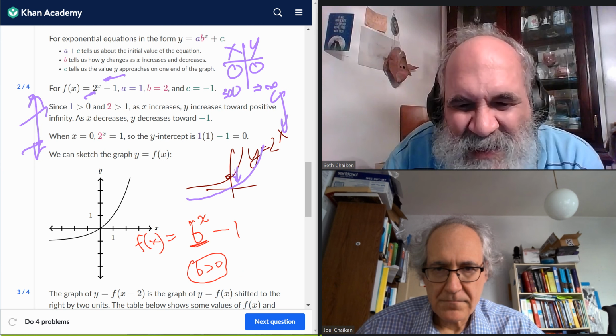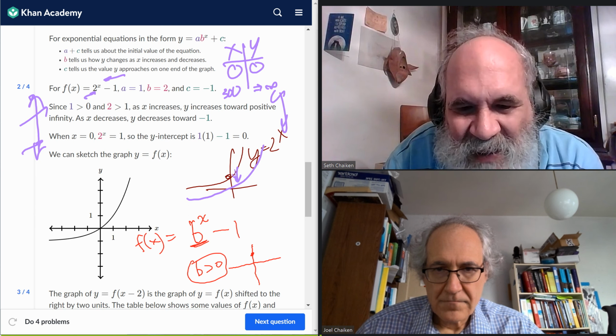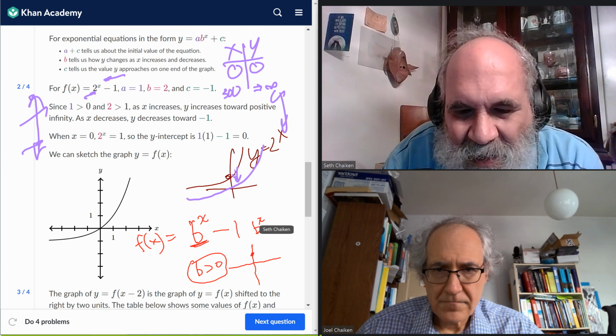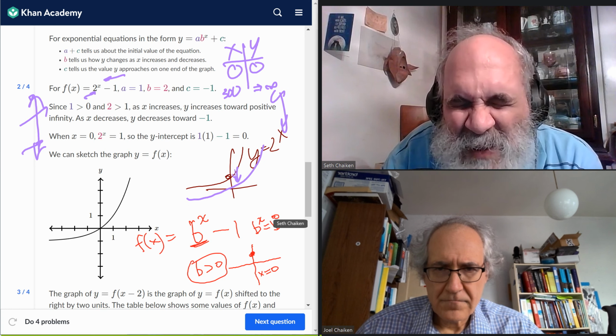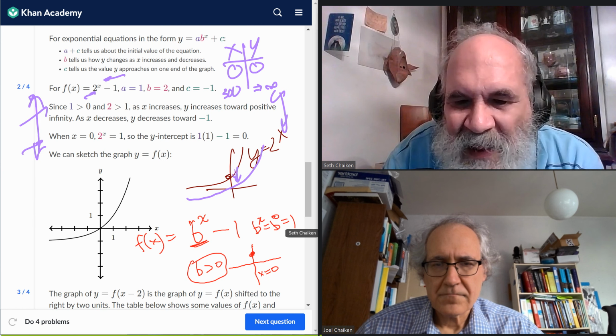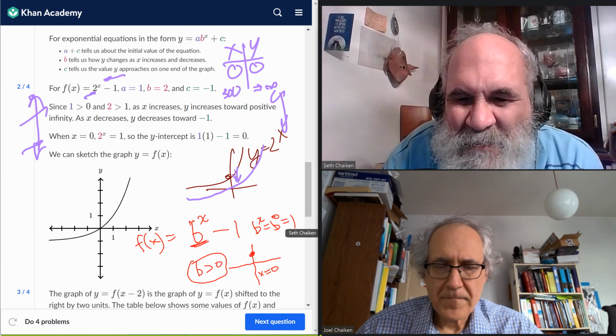The key thing about positive exponent curves is, let's plot b to the x. When x equals 0, b to the x is b to the 0, which means you're multiplying b by itself 0 times, and it's 1. Right. No matter what b is.